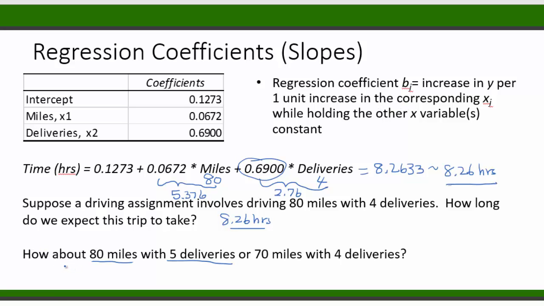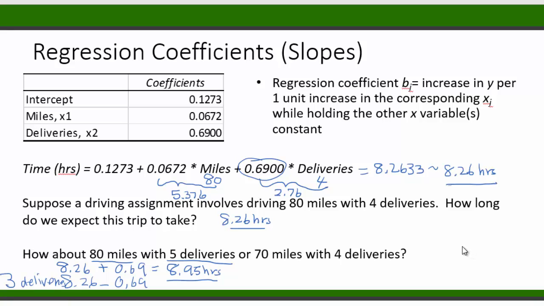So it'll take the original time, 8.26 hours, plus 0.69 hours, or that works out to be 8.95 hours. Now, what if you have a driving assignment with 80 miles and 3 deliveries? Then it should take 0.69 hours less than before. So you would do 8.26 minus 0.69. So that's if you have 3 deliveries.